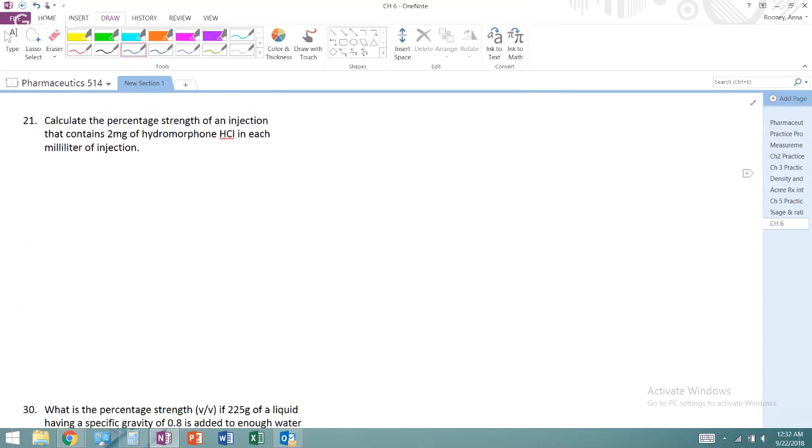Calculate the percent strength of an injection that contains 2 milligrams of hydromorphone hydrochloride in each milliliter of injection. Okay, so I would first convert this to grams because your percentage strength is always in grams over milliliters.